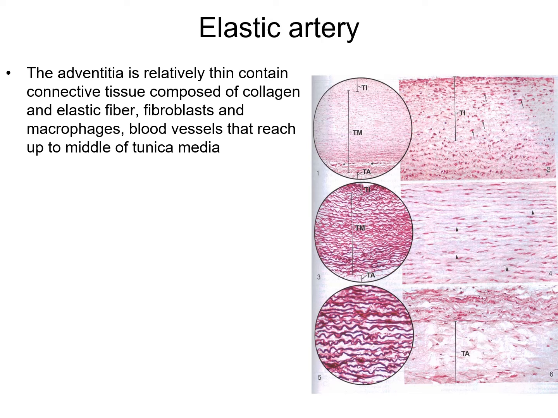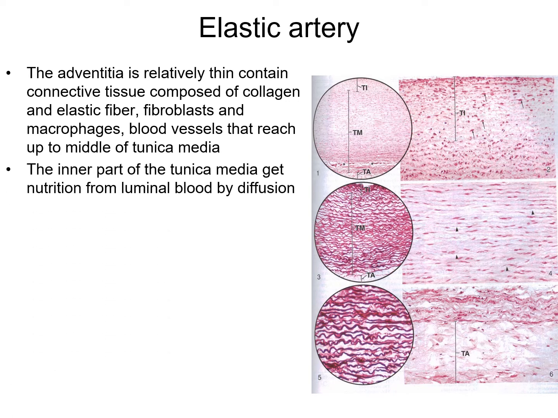The adventitia is relatively thin and contains connective tissue, collagen fibers, some elastic fiber, fibroblasts, macrophages, and blood vessels that reach up to the middle layer of tunica media. The inner part of the tunica media gets nutrition from the luminal blood by diffusion.